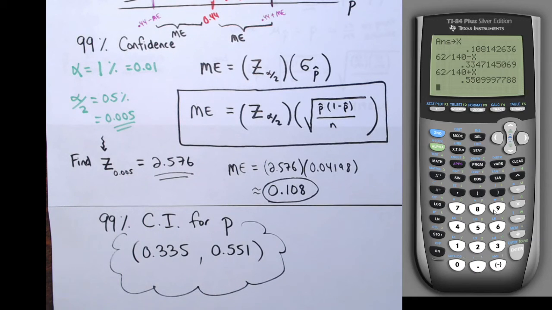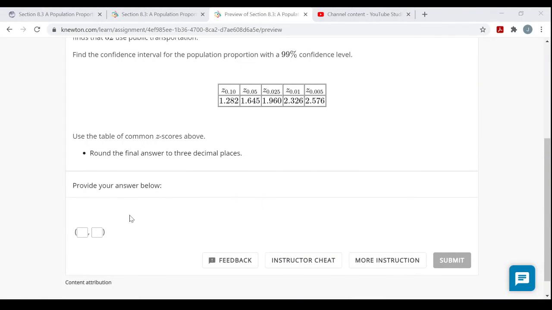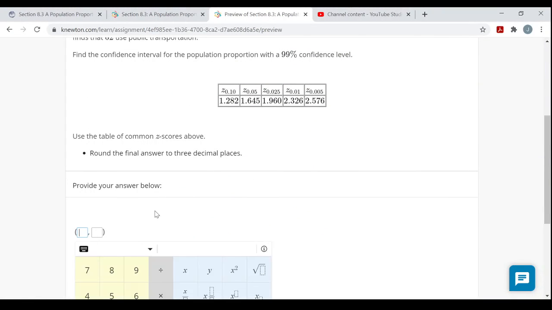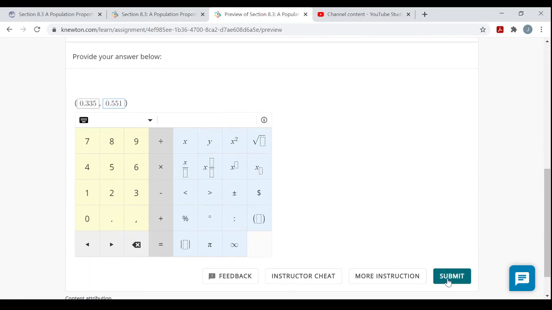So let me enter these down here. Round the final answer to 3 decimal places. The low end was 0.335. The high end, 0.551, and hopefully I'm not off by a thousandth or something.